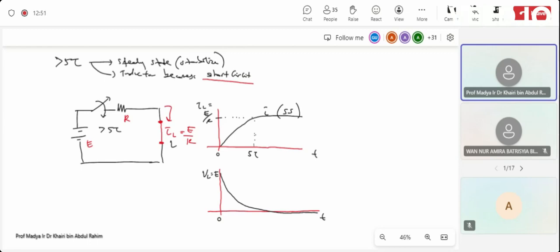Okay, so it becomes a short circuit. And finally, we need to look at the series and parallel inductor calculations, similar to yesterday when we calculated capacitance for series and parallel. So interestingly, it's very easy.